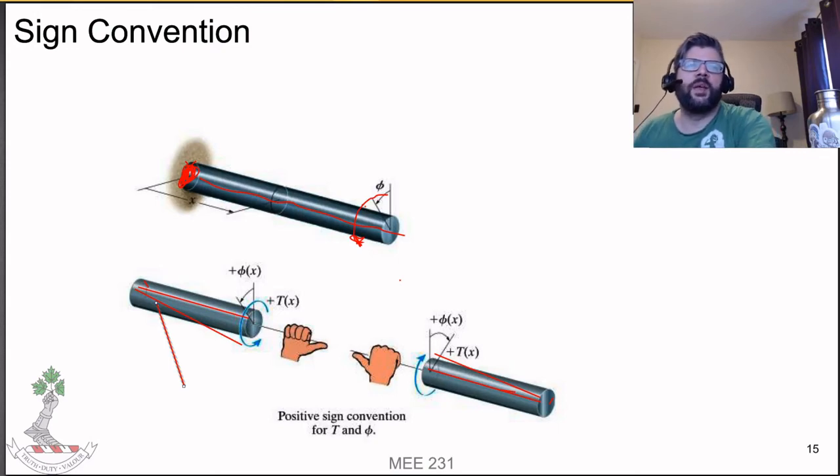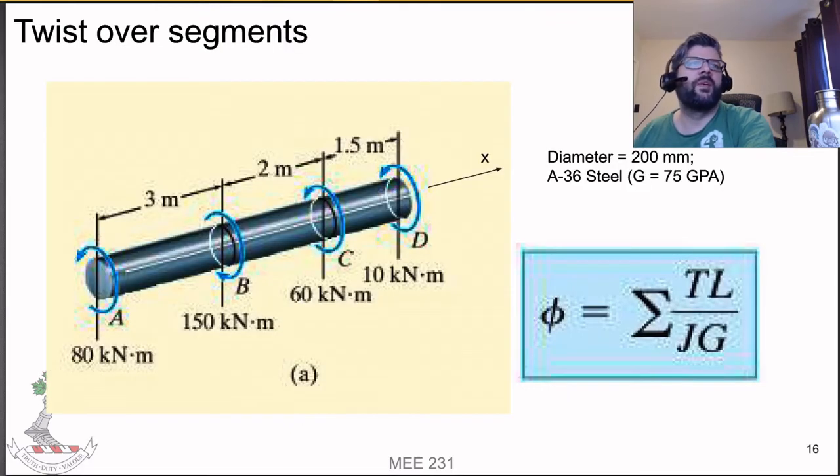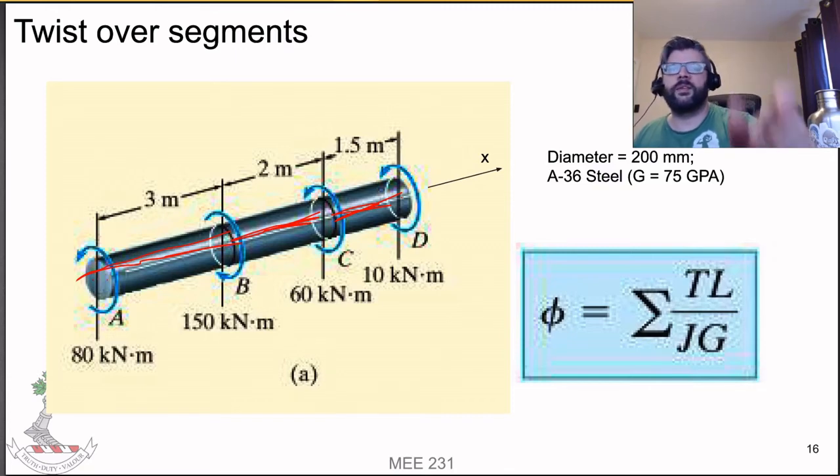The way you would go about figuring out what sort of twist you have between one end of the rod and the other end is by figuring out the twist from here to here, from here to here, and from here to here, and adding it all up, just keeping your sign conventions in mind. If we have a situation like this, then we can break it up into the different segments and figure out what sort of internal torque those segments have.